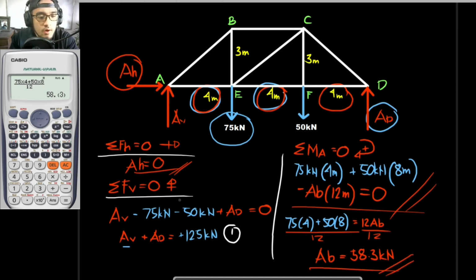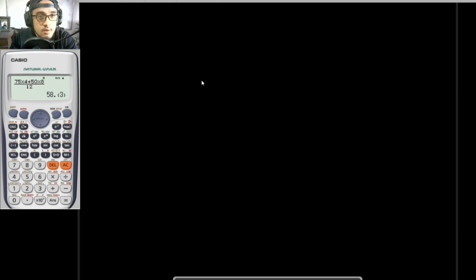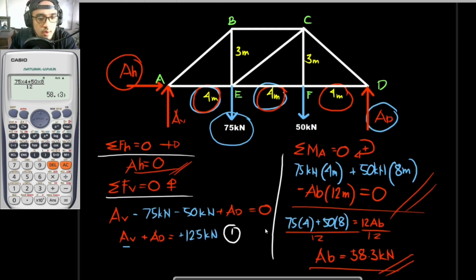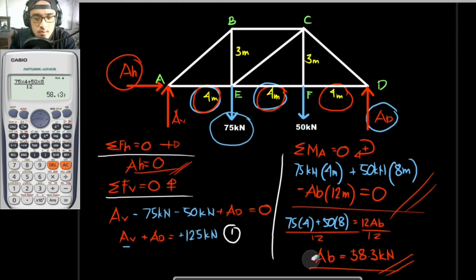And as for AV, I would just be copying this to the next slide since I don't have any space. So AB, and our equation number 1 is, oops, by the way, that is to be AD, I should say. So AD, that is to be AD.